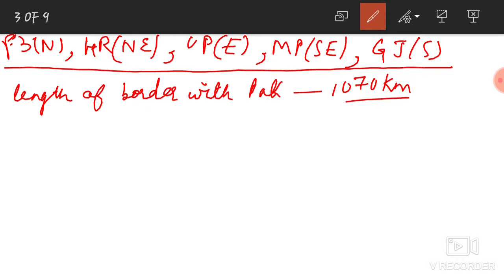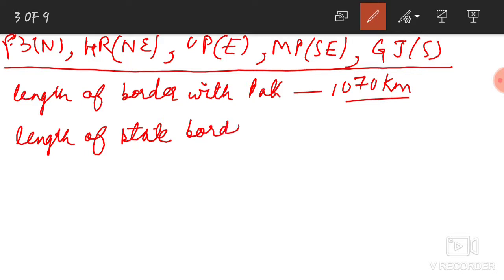I told you Bikaner shares the minimum border with Pakistan, whereas Jaisalmer shares the maximum border with Pakistan. The length of the border with Pakistan is 1070. It is the international border, and the length of the state border is 5933 kilometers.